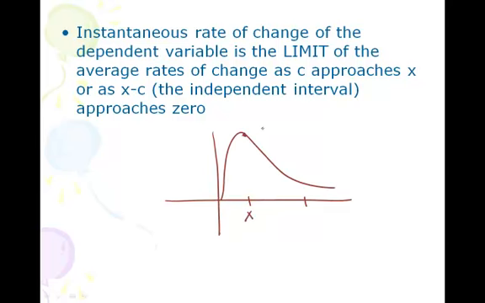We are looking for the instantaneous rate of change at x, and we have another value c. If I take the slope between these two, I get an average rate of change. But as c approaches x, as we bring these values closer and closer to each other, we can approach an instantaneous rate of change.